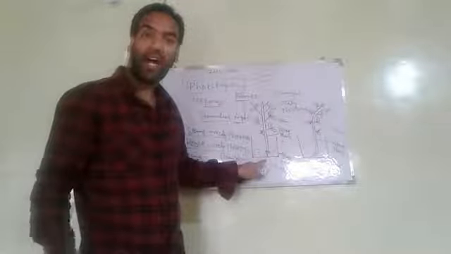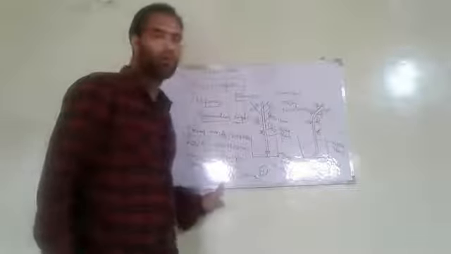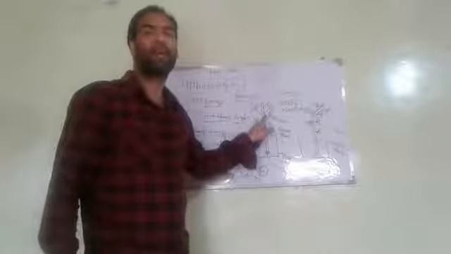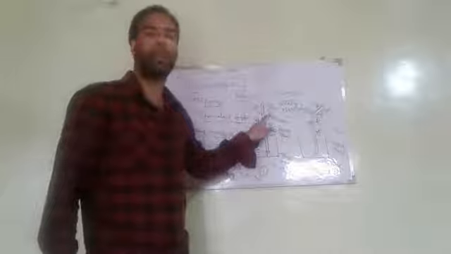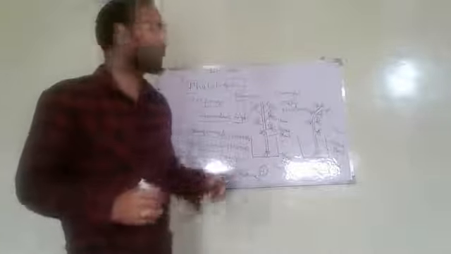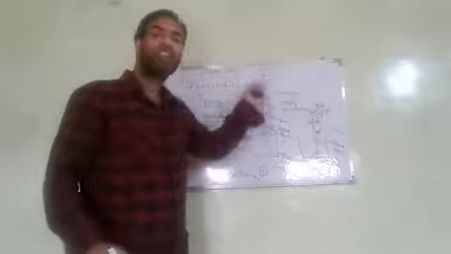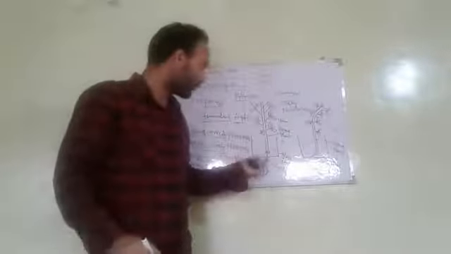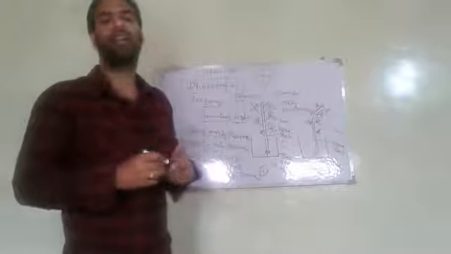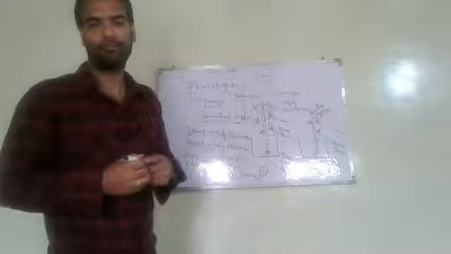Roots are always negatively phototropic. Stems, which are the upper part of the plant, the above ground part, or we can say the shoot of the plant, are always positively phototropic because they grow towards the direction of stimulus of light, whereas roots grow against the direction of stimulus of light. Hence, roots are negatively phototropic.